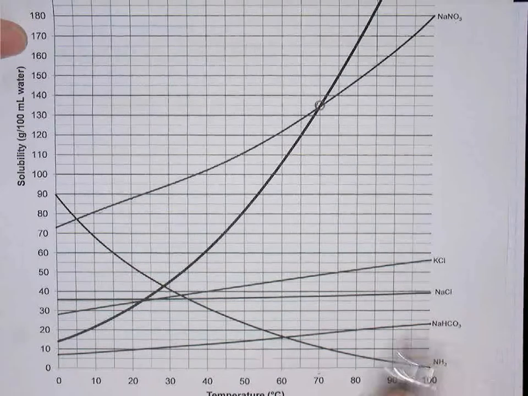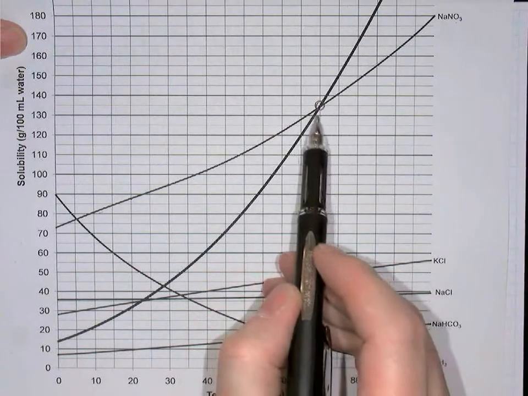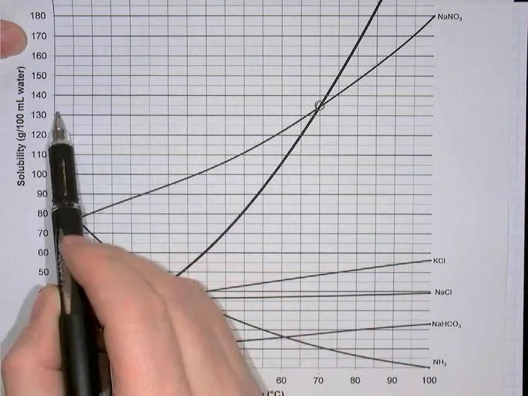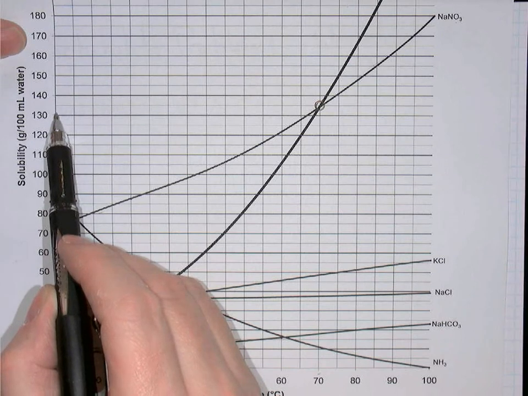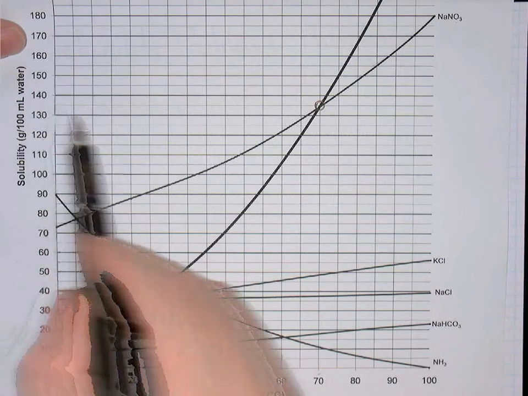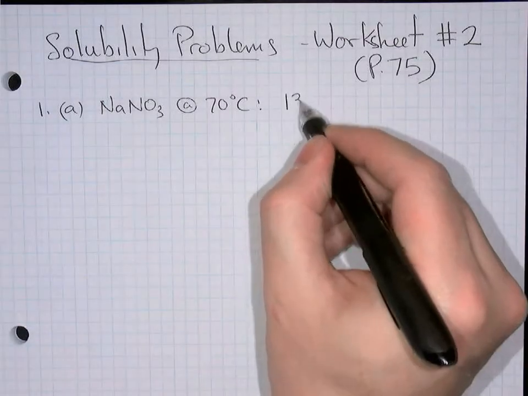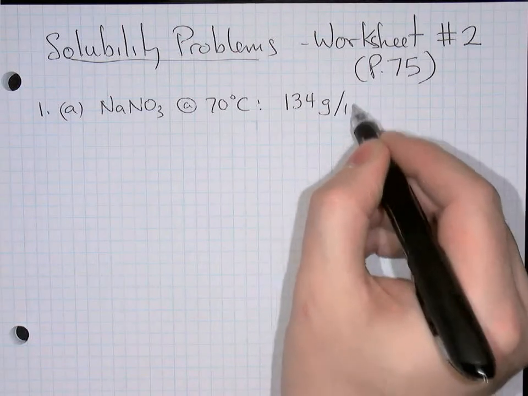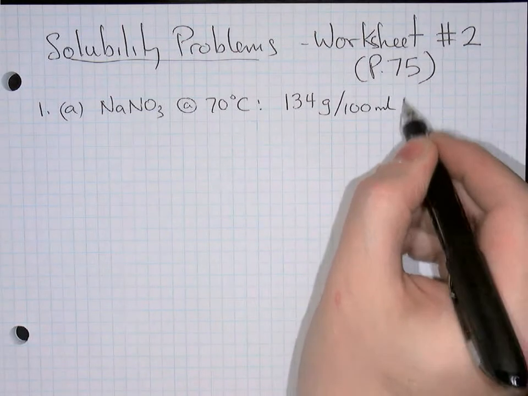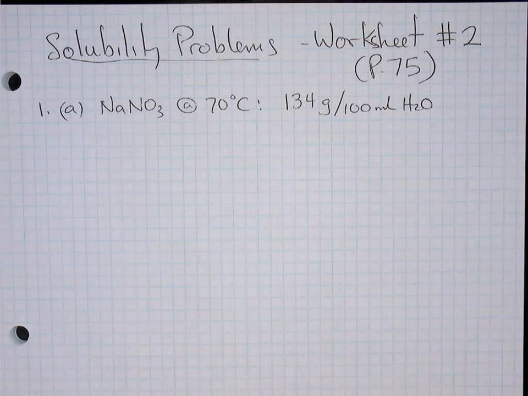And then we simply go over to the y-axis. So looking at this very carefully, it's just between 130 and 135. And I think it's slightly less than that, so I'm going to say about 134 grams per 100 mils of water. So in other words, 134 grams of sodium nitrate can dissolve in 100 mils of water at 70 degrees Celsius.